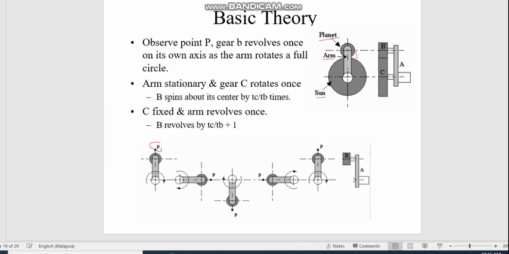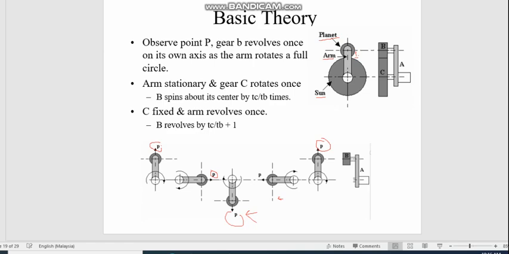So if the arm rotates a full circle without any sun gear meshing with the planet gear, then point P will move around once, right? So it moves 90 degrees, and then 180 degrees, and then 270 degrees, and finally it returns back to its original position.